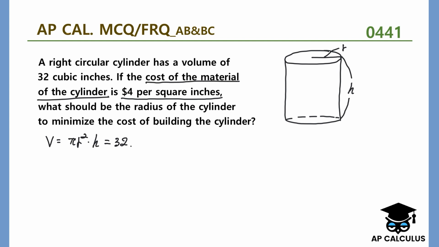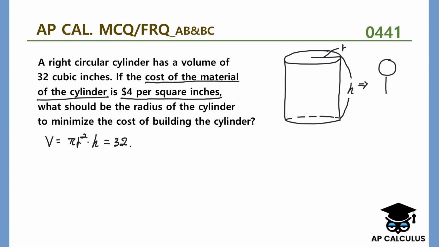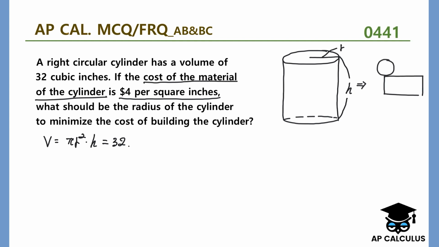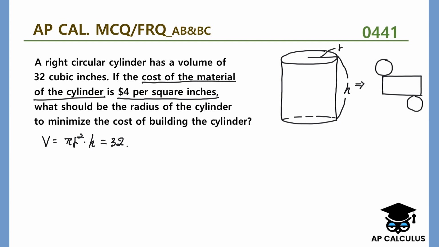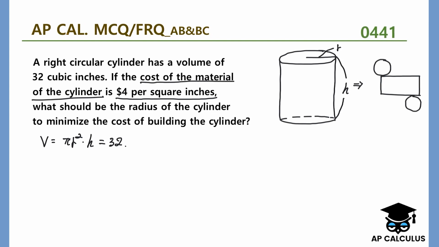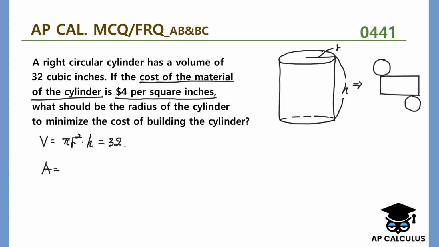Let's write the surface area of the cylinder. Remember, this is from geometry. If we unfold this cylinder, we will have two circles and one side. Let me draw a small picture. The area of the two circles is 2 pi r squared, plus the distance from here to here, which is the circumference of the circle, 2 pi r.